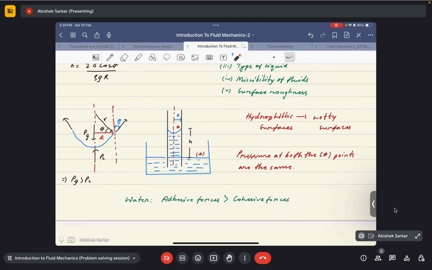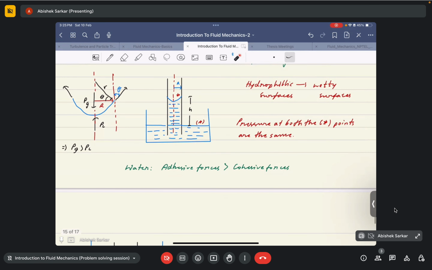Sir, adhesive forces are less than cohesive forces in the case of mercury. Yes, absolutely right. I will just redefine it.